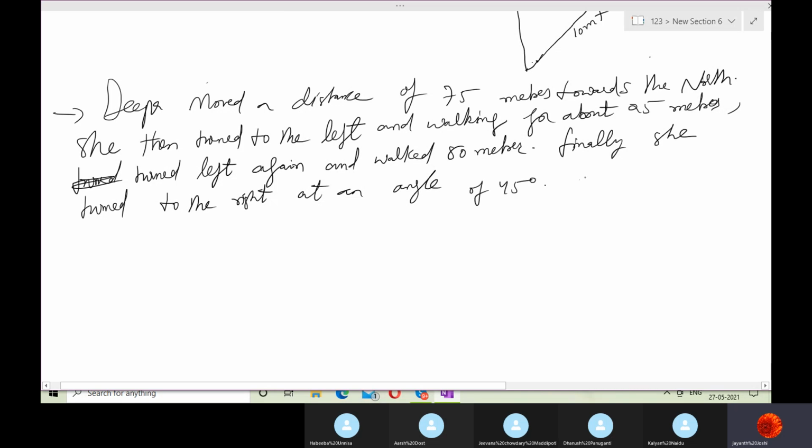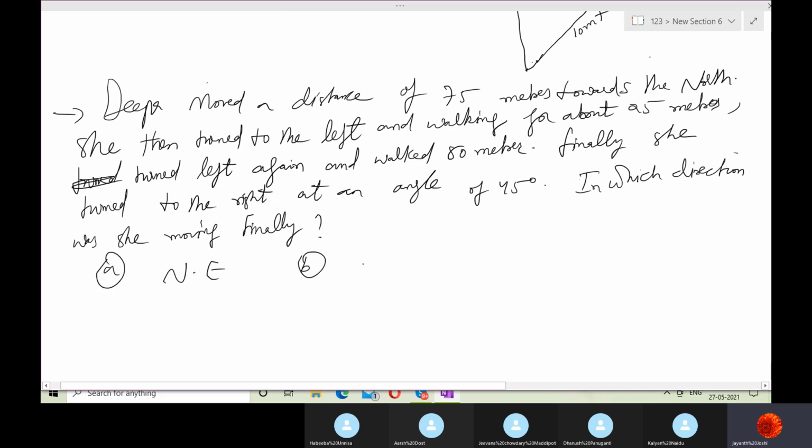Full stop. In which direction was she moving finally? Northeast, northwest, south, southeast, southwest. Come on, try this.